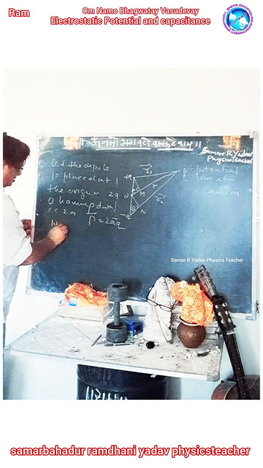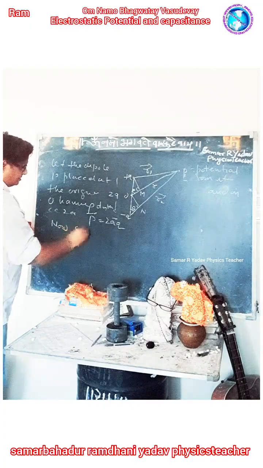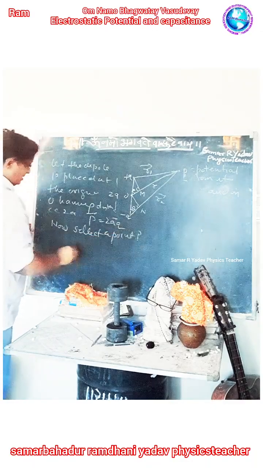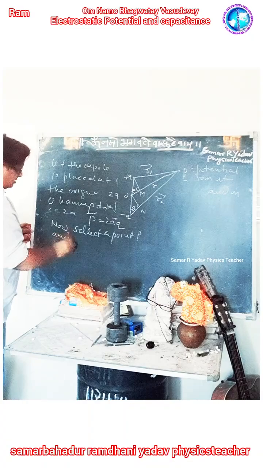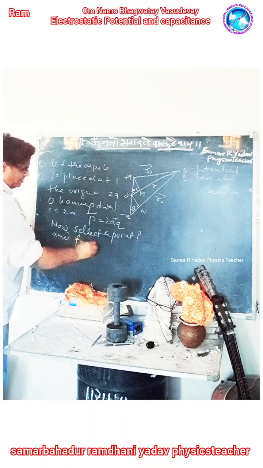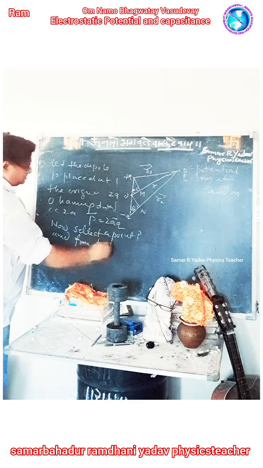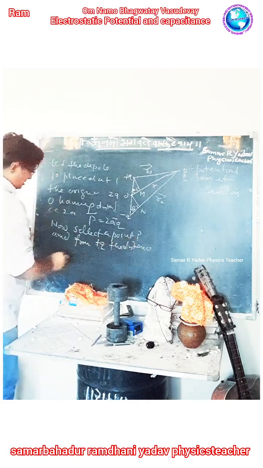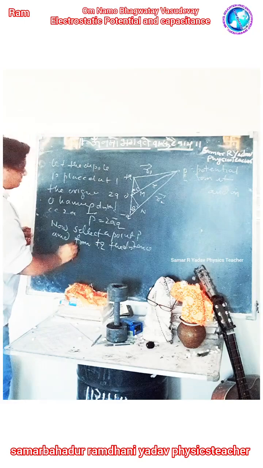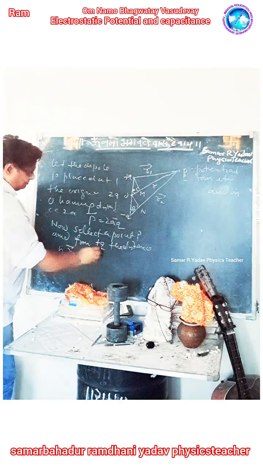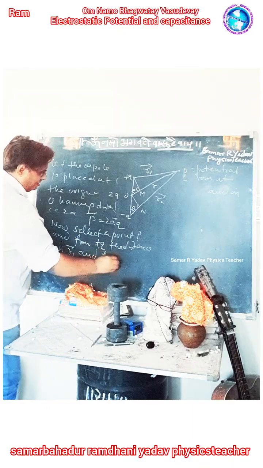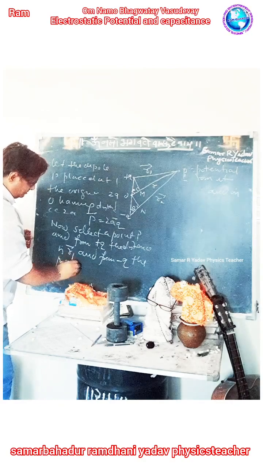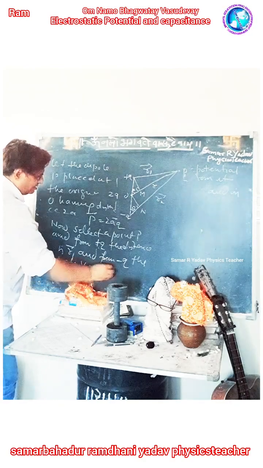Now select a point P, and from plus q the position vector is r1, and from negative q the position vector is r2.